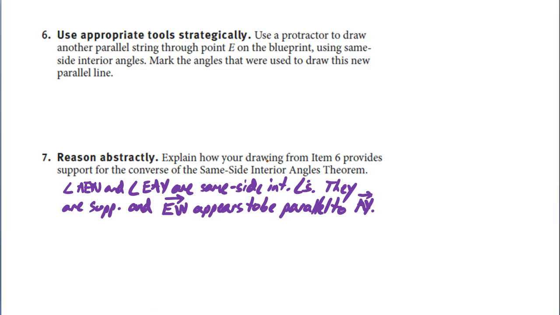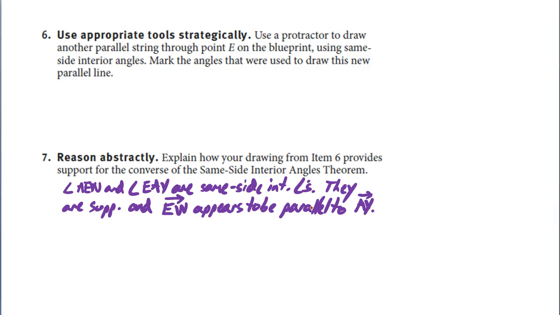So number 7, explain how the drawing shows support for the converse of the same side interior angles theorem. Those two angles are same side interior angles, and they are supplementary, and the rays appear to be parallel. So in this problem, we took advantage of those 3 statements we had created at the beginning to create some parallel lines by making sure that the different angle pairs had certain relationships.